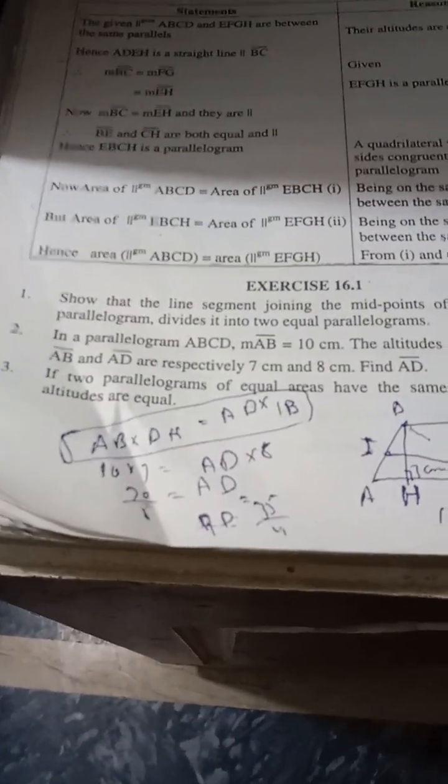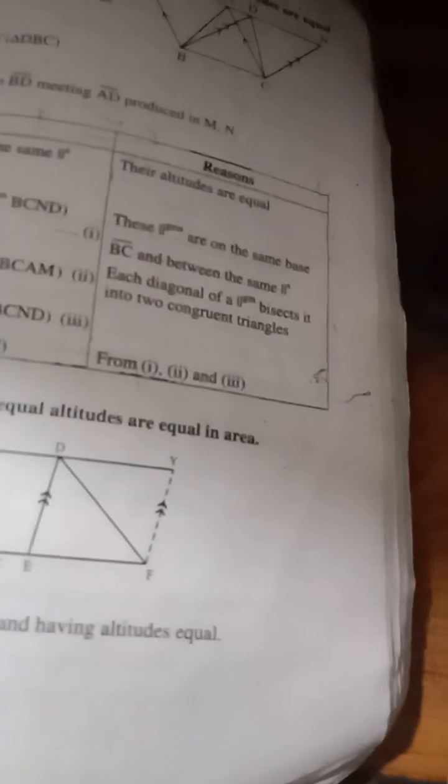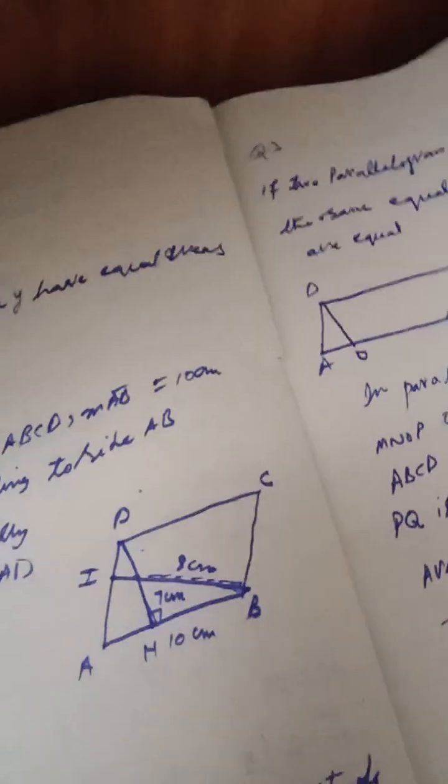Question number 4. If two parallelograms of equal area have the same or equal bases, their altitudes are equal.